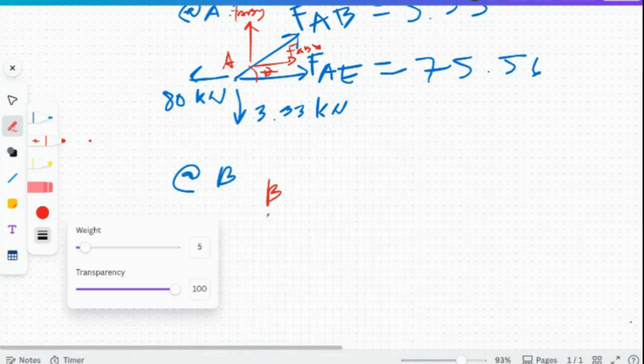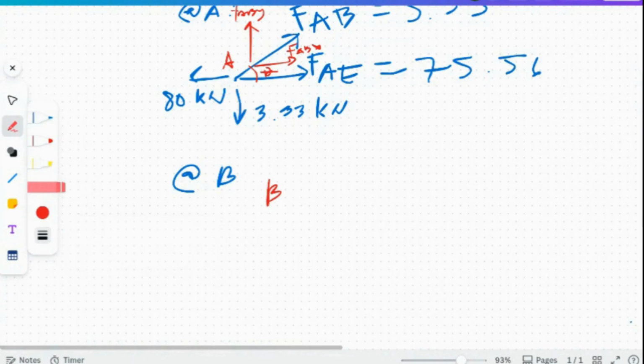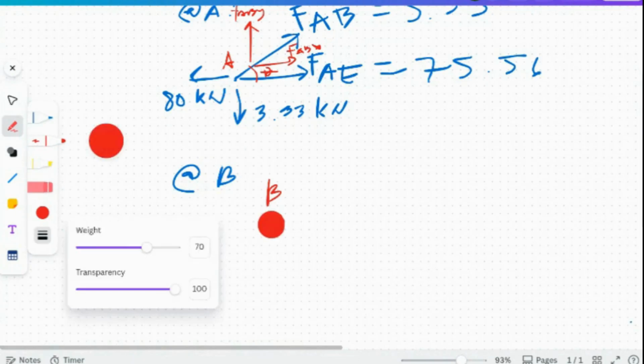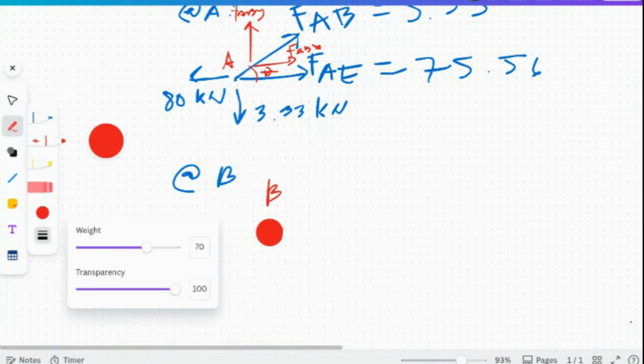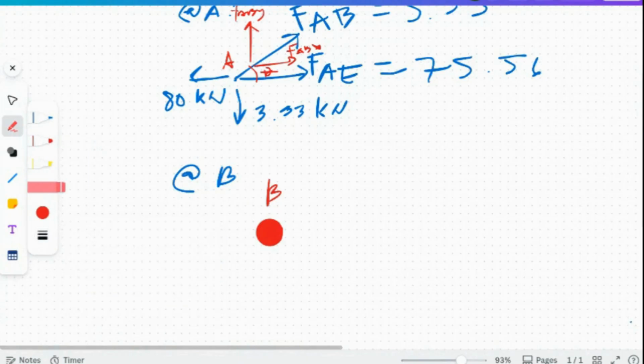The drawing is too big, so I'm adjusting it. There it is. Okay.